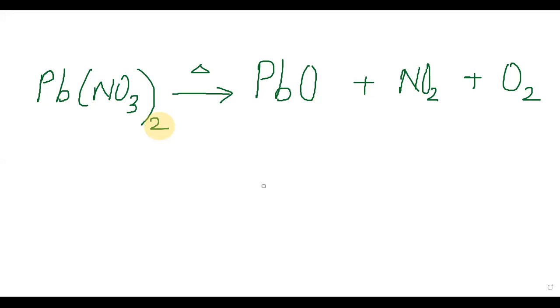So let's multiply this with 2. Now there are 6 oxygen atoms.